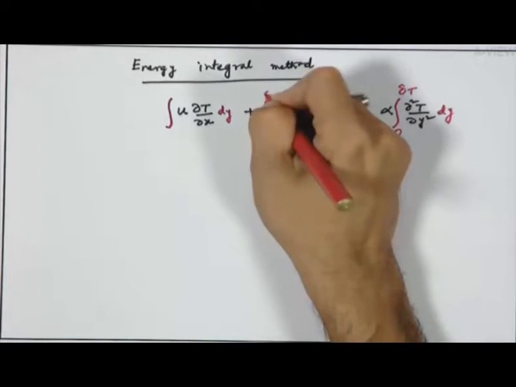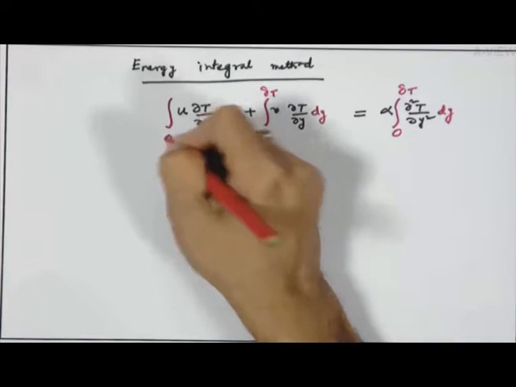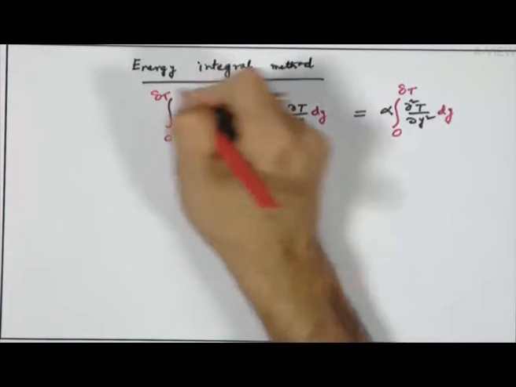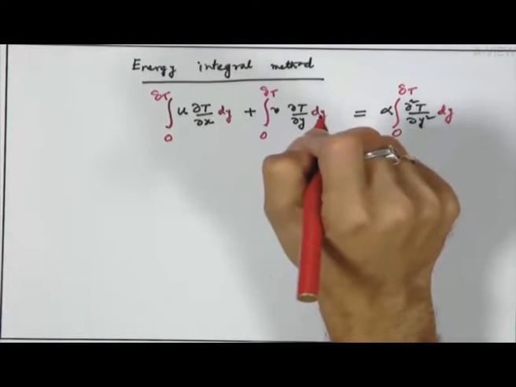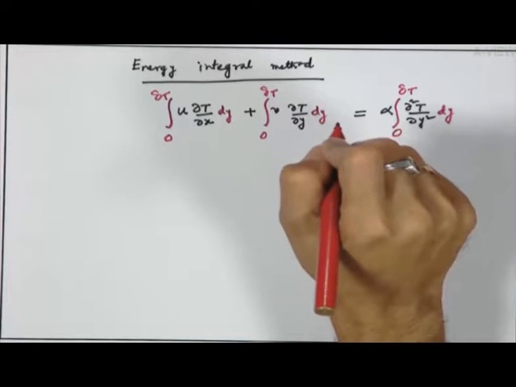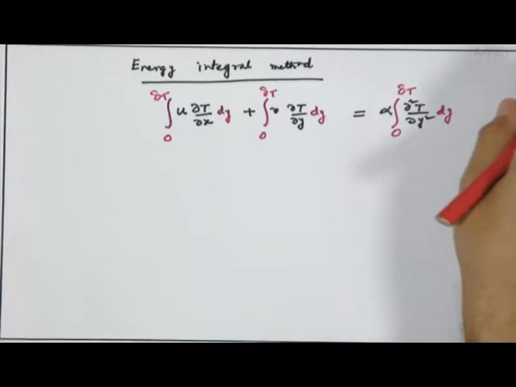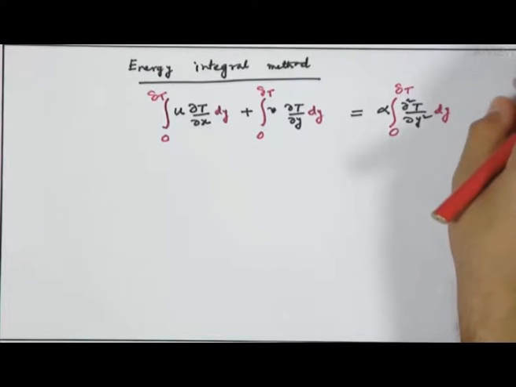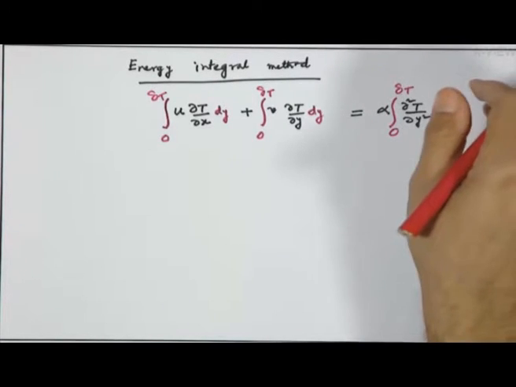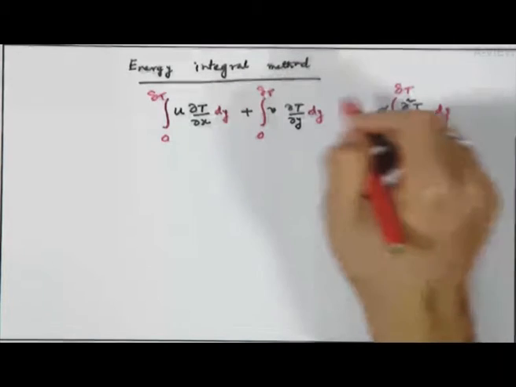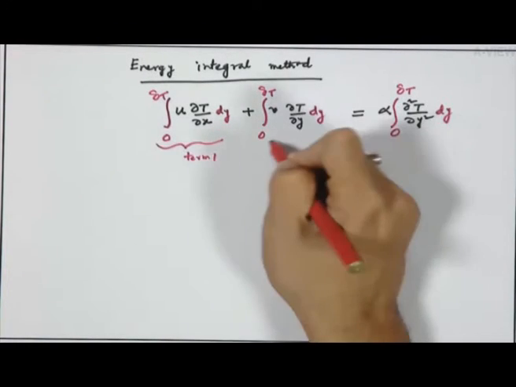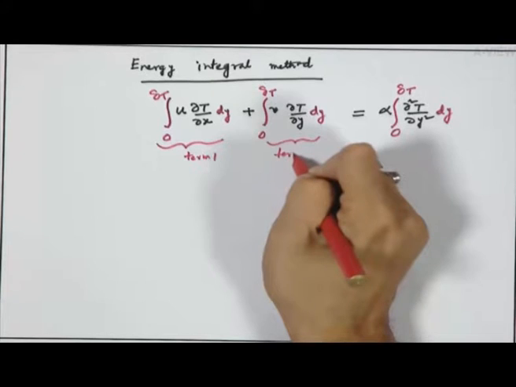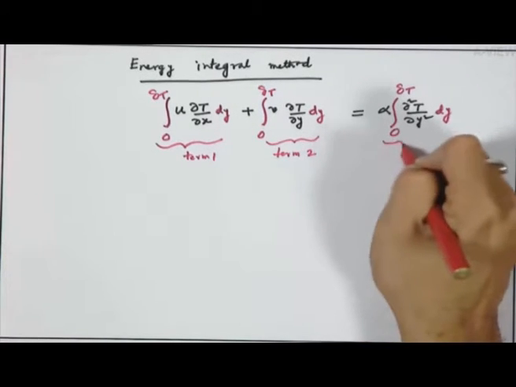We integrate it from 0 to delta t. Now we call this term 1, this term 2 and this term 3.